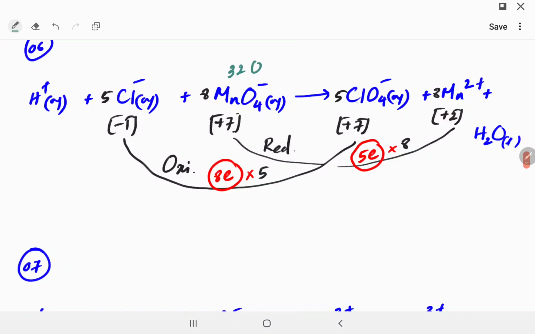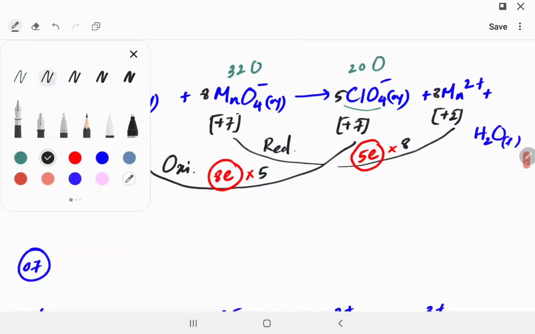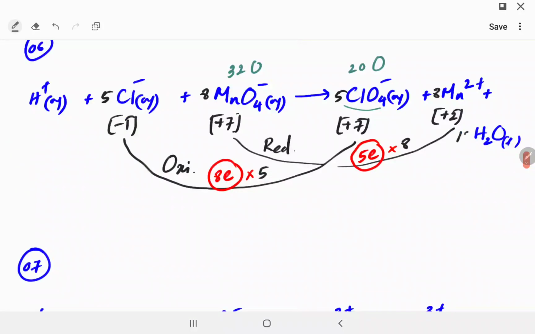So in here you already have 5 times 4, which is basically 20 oxygens. How many oxygens do you need more? You need 12 more oxygens, right? So put 12 on the water side. Okay, so 12 plus 20 is 32.